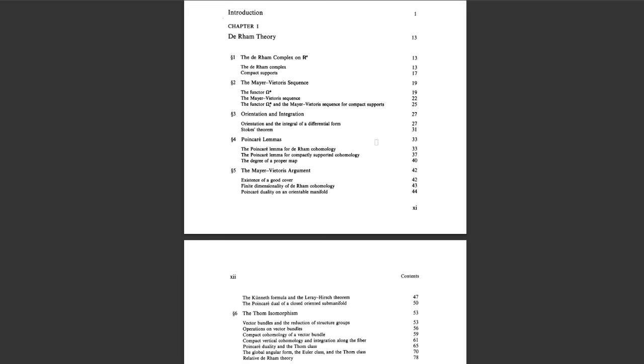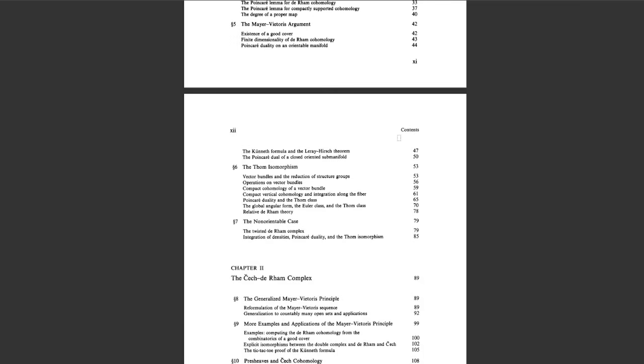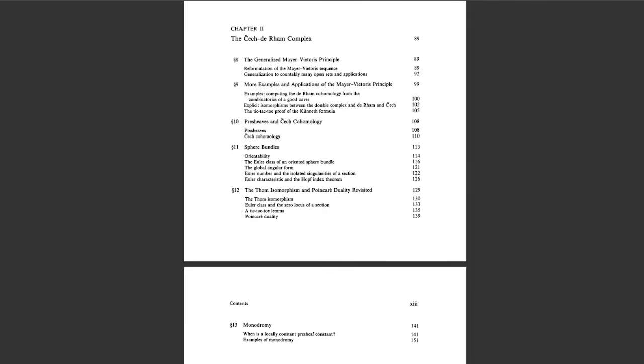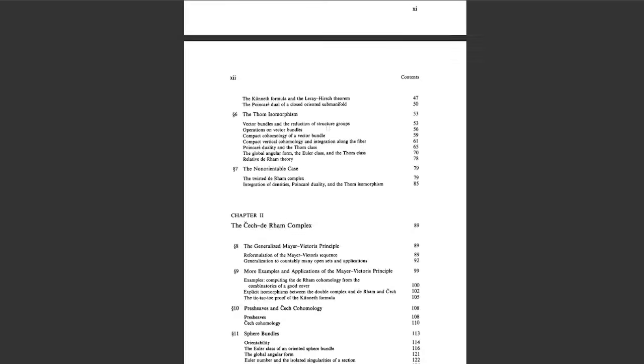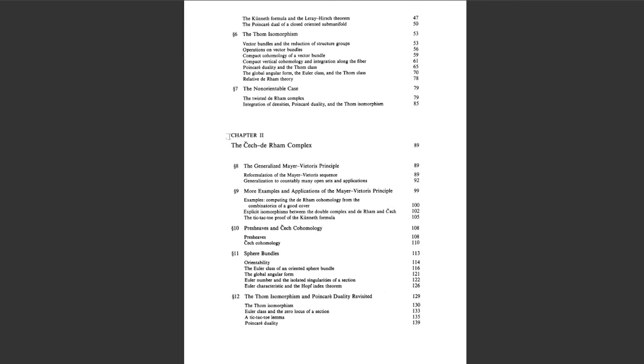That's something that really stuck out to me as a physicist. Okay, so the central question of this entire book is how much global information can be extracted from local differential data.